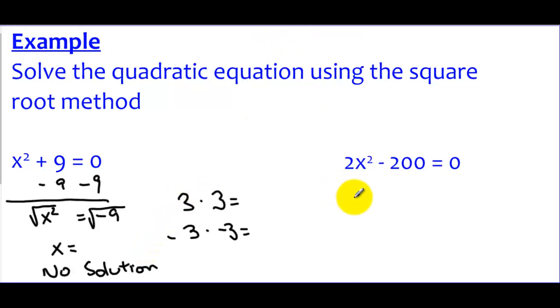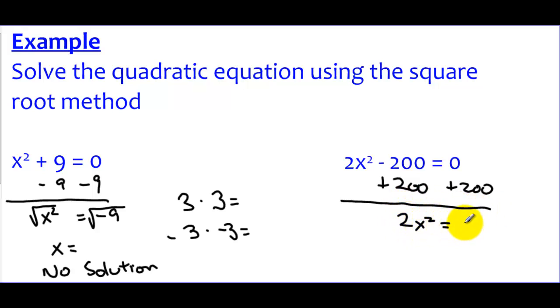And this last example that I'll show you in this video just has one additional step. Again, the idea is to isolate the x squared. So I'm going to get rid of this 200 by adding it over. Here's the difference: I'm left with 2x squared is equal to 200, and this is still not isolated. I have to divide away a 2.